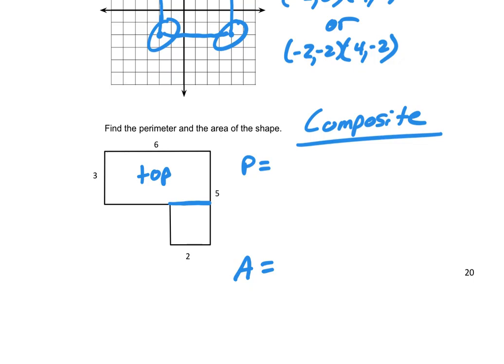First of all, we're going to find the perimeter of the top piece. It has a width of 3, a length of 6. So that would be 2 times 3 plus 2 times 6, which would be 18. So the top part would be a perimeter of 18.